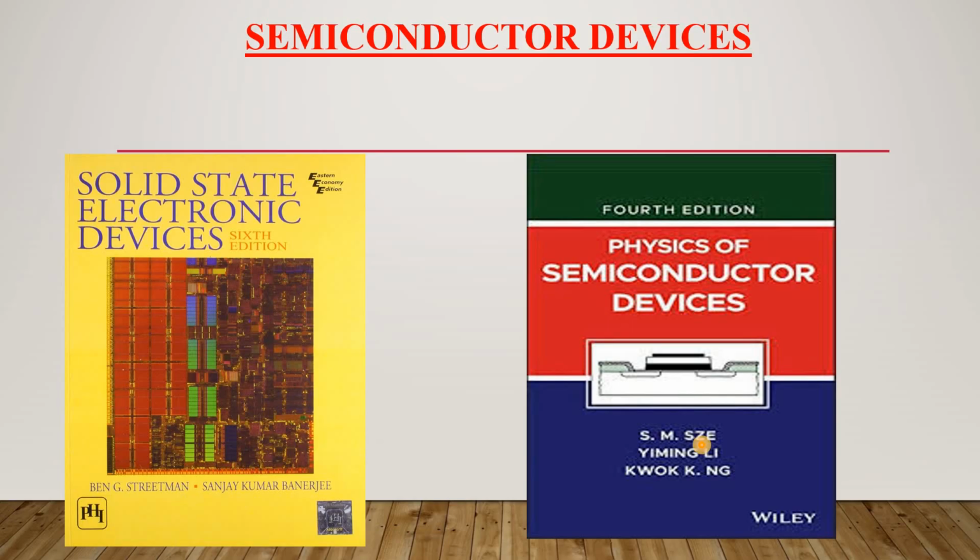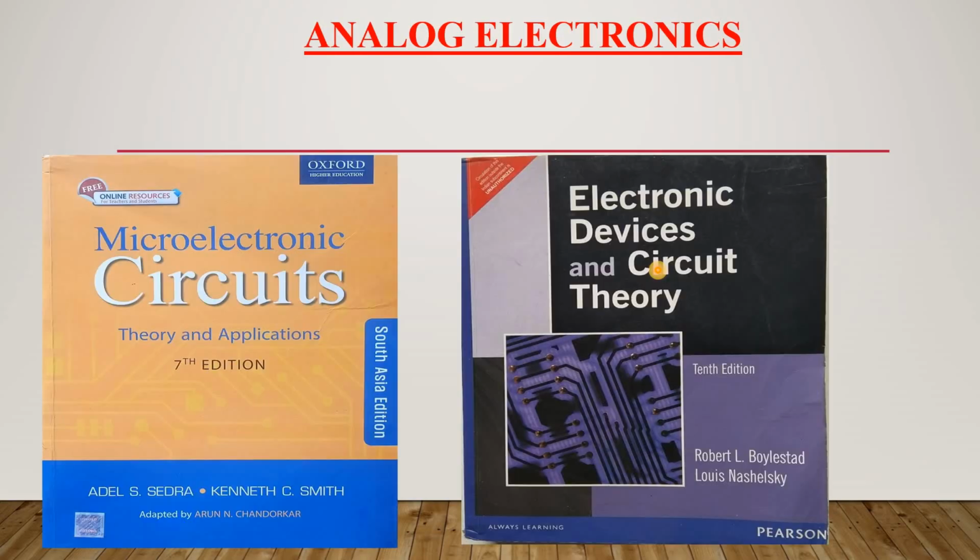Every chip starts at the transistor level. Streetman will help you understand the basics like the PN junction and MOSFET in a clear way. But if you want deeper knowledge, to use in research and industry, Sze is the gold standard. These are the two best books.